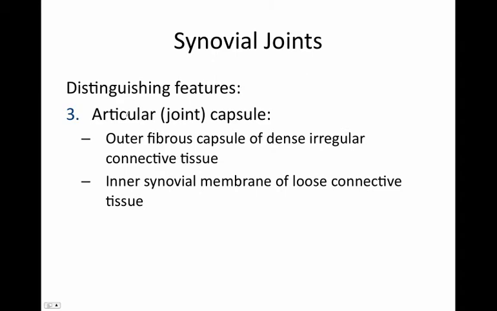Distinguishing features: we have an articular joint capsule, and this should be a 1. The articular joint capsule has an outer fibrous capsule of dense, irregular connective tissue, and the inner synovial membrane has loose connective tissue.